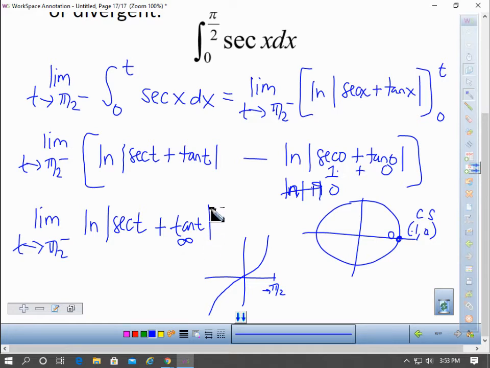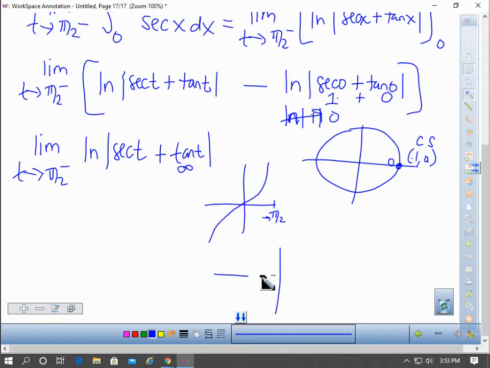If you know what the secant curve looks like, here's the cosine curve. The secant curve is just that curve taken and flipped out. That's what you studied in pre-calc.